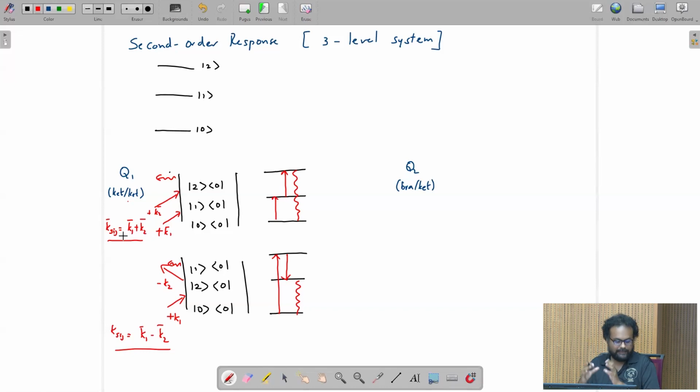Okay, for the sake of completeness, let's also look at Q2. This is a bra-ket interaction, acting on the bra first. 0, 1, and I need to come with a ket here.